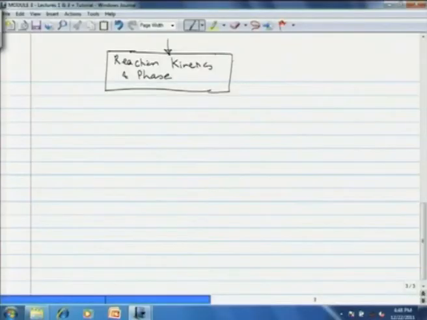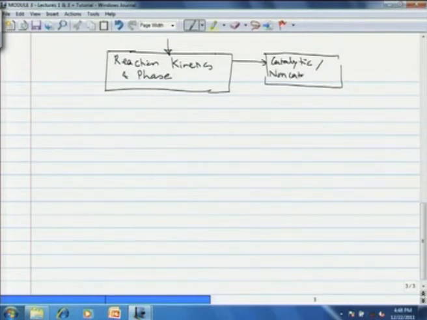Now, another activity here would be to see whether the reaction is catalytic or non-catalytic, and then what is the most suitable catalyst and the design of the catalyst.